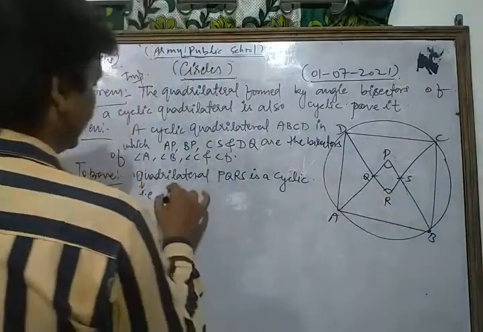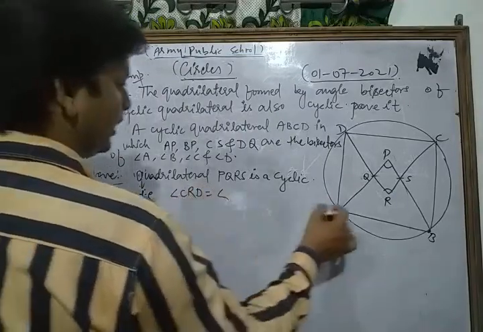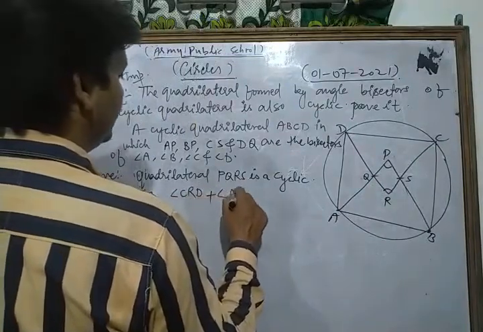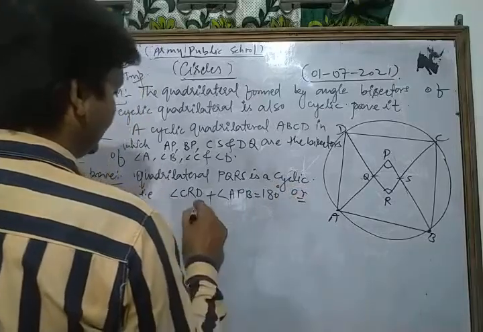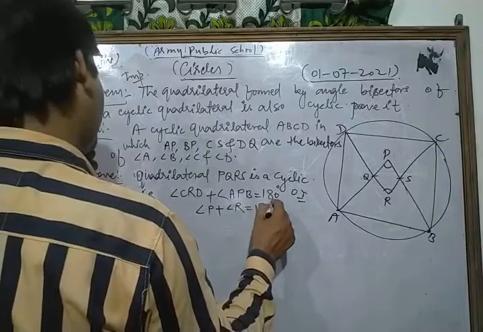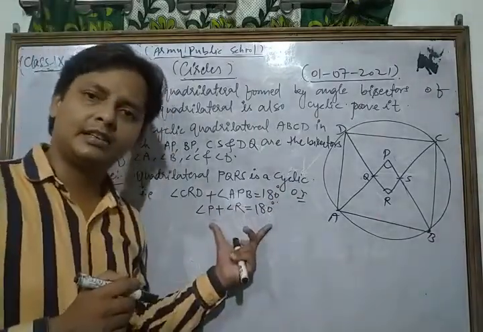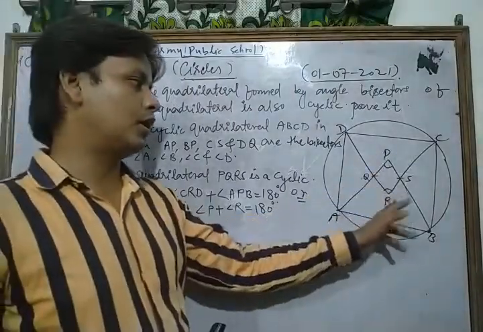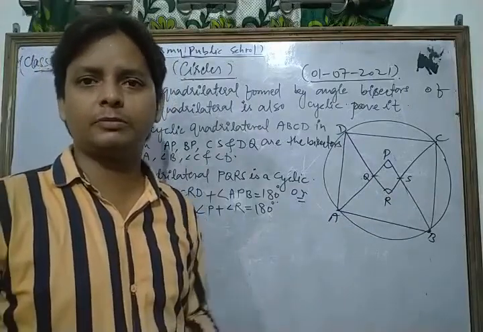Angle R means angle CRD, plus angle APB is equal to 180 degrees, or we can write angle P plus angle R is equal to 180 degrees. If we show this result, then in this way we can say that the quadrilateral PQRS is cyclic. So this is the concept of a cyclic quadrilateral.